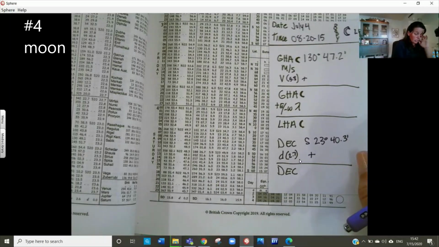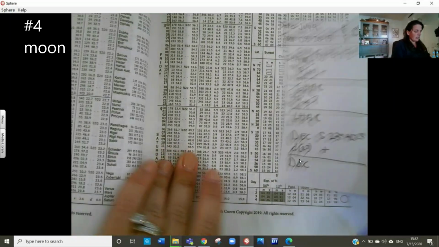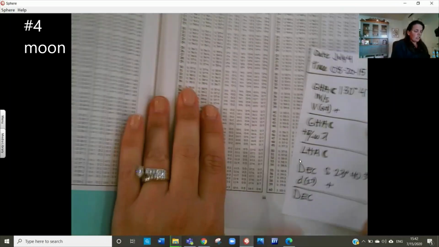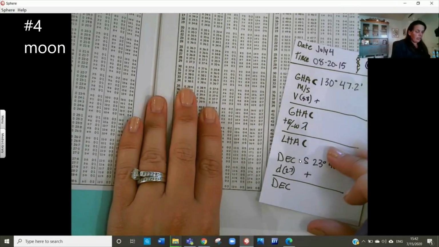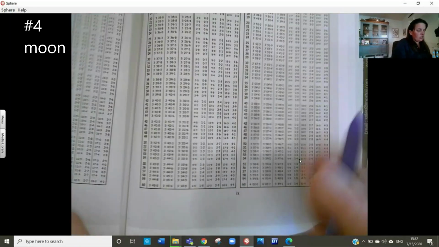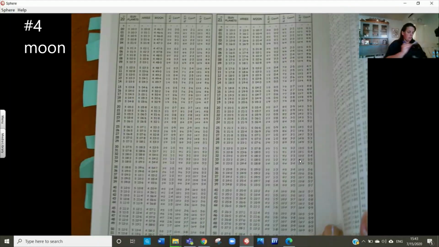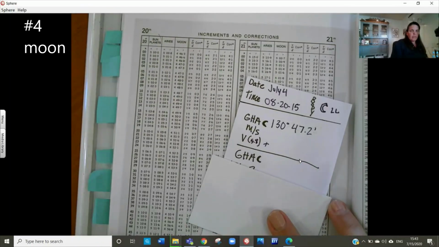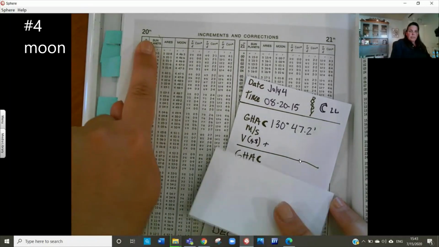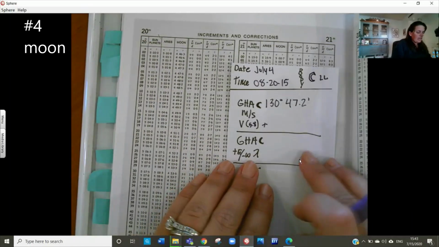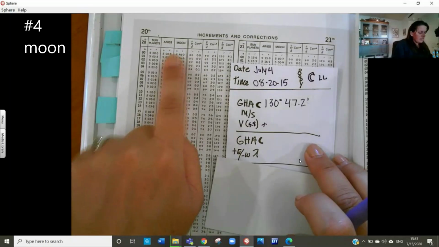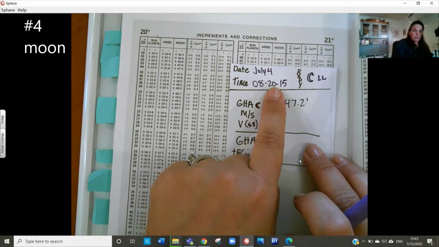So now we go to our minutes and seconds corrections. So we are at 8:20:15. So we're looking for 8:20. So here's our 20 minutes, and then we have our minutes and seconds corrections for the moon, and we're looking at 20:15.